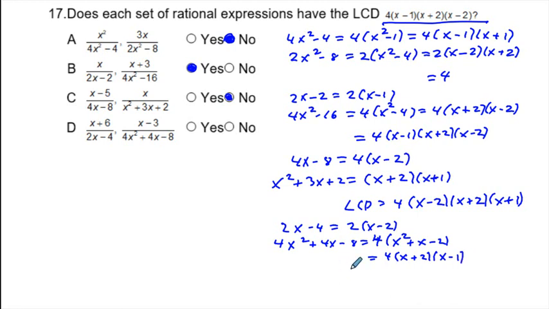So our least common denominator here is going to be 4 times x plus 2, x minus 1, x minus 2, which is going to be that same least common denominator we were talking about. So D is yes.